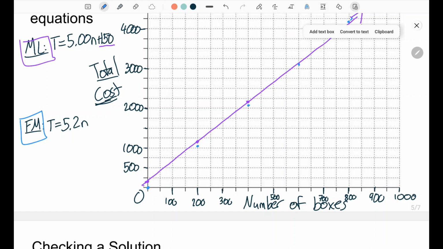Oh, sorry. The tablet is acting on its own there. All right. Here, I'm going to try that one more time to really try to get it to go through those points.